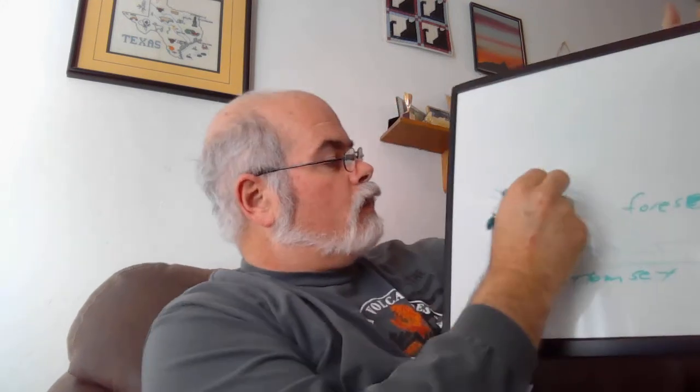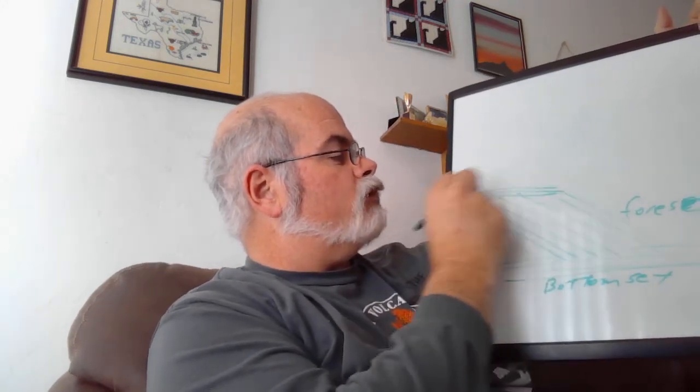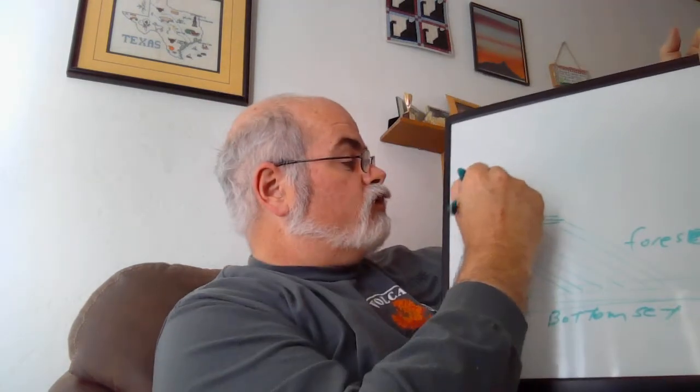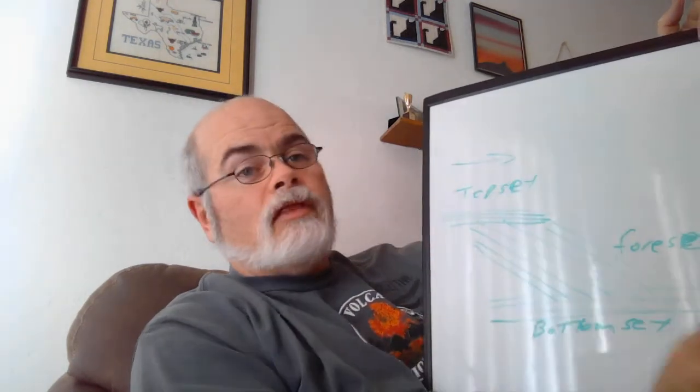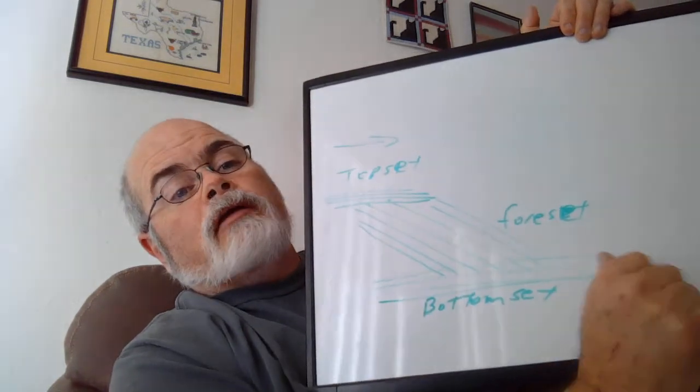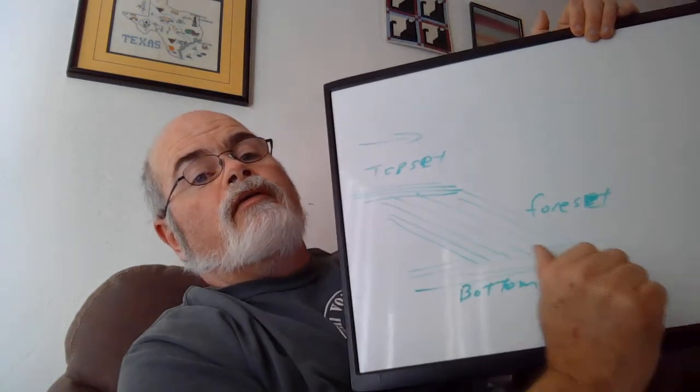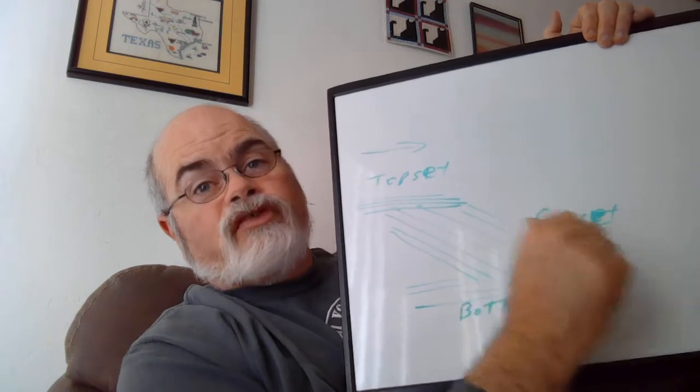And then on top of the foreset beds is another layer of horizontal layers we call the top set. If you think of it this way, the water is moving in this way. The super fine grain material is going out and depositing in front of it. Then material is forming this slope as the delta is moving forward.